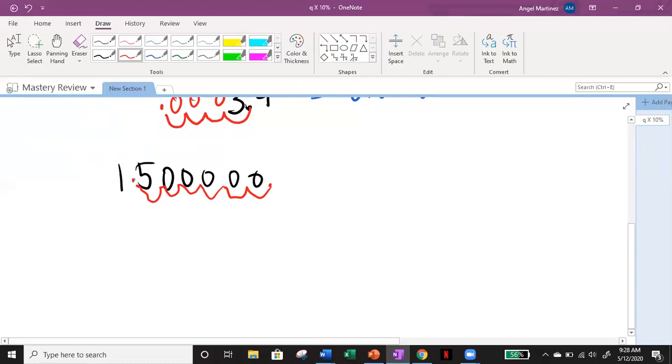This is where the exponent's going to be. 1.5 is bigger than 1 but smaller than 10, so that's where we stop. We have 1.5 times 10 to the number of times we went backwards. We went back 6 times, and this is a big number, so our exponent is positive: 1.5 times 10 to the 6.